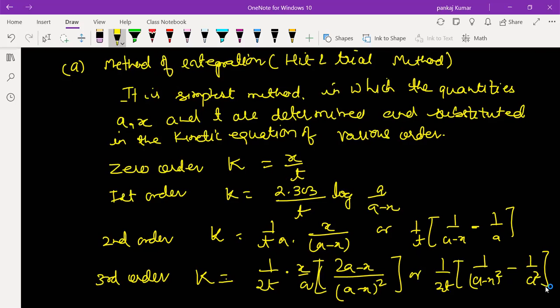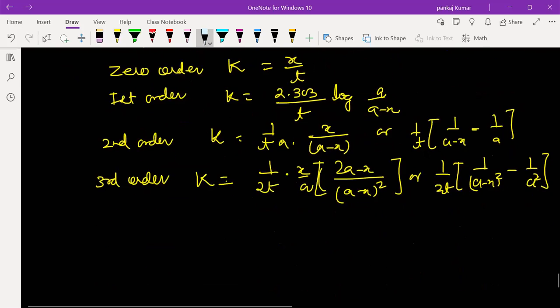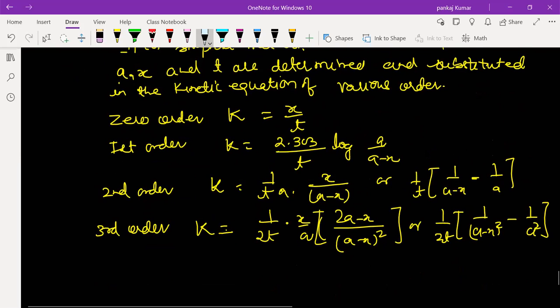All these we have already derived, so these are repetitions and you won't find any problem in understanding. The rate constant in every case will be different.